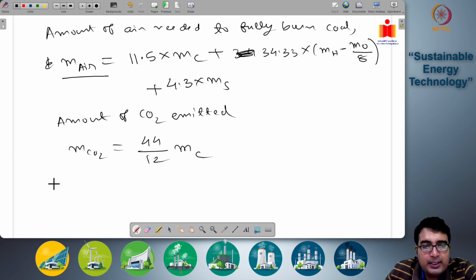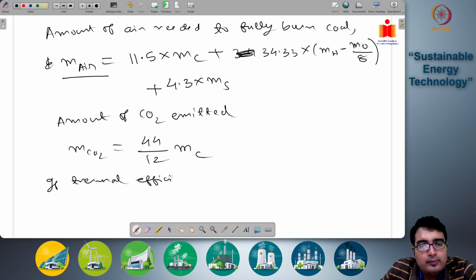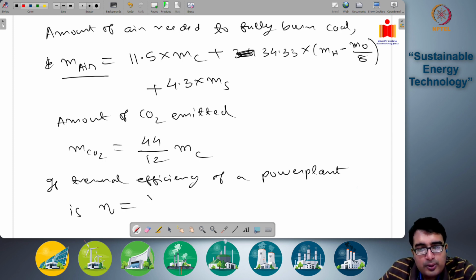Finally, we can also define the thermal efficiency of a power plant, eta, which is equal to the net useful work output by the net heat input, W dot out by Q dot.